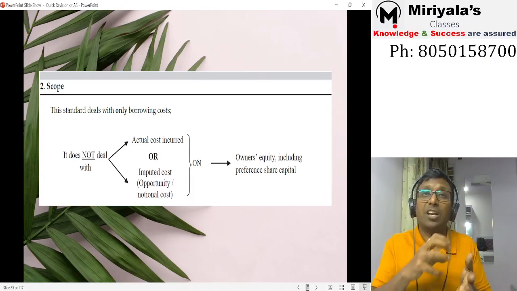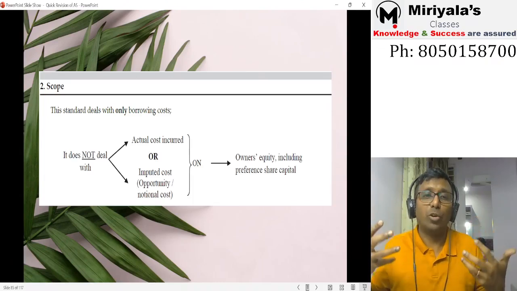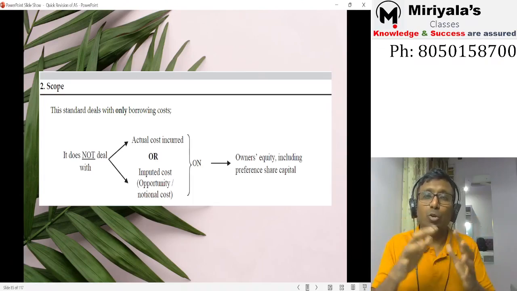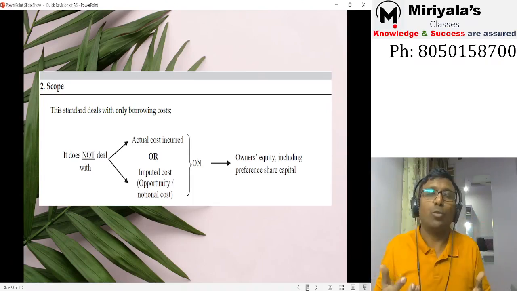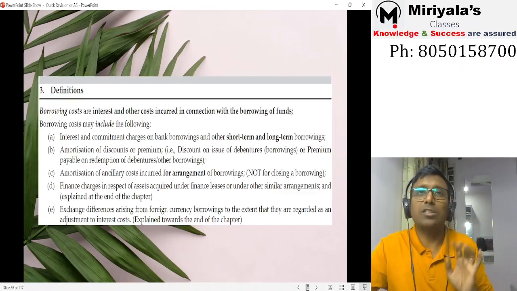Correct now? It does not deal with imputed cost, opportunity cost or notional cost. Basically, opportunity or notional costs are not considered as borrowing cost. Borrowing cost means you must have actually paid for the borrowing. Okay, then only this cost will be taken.